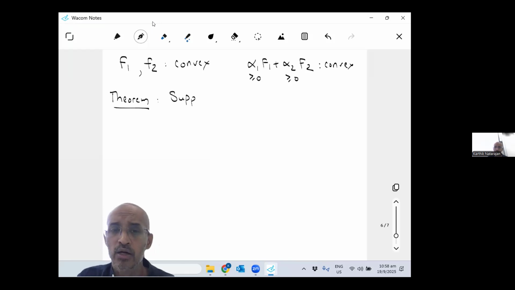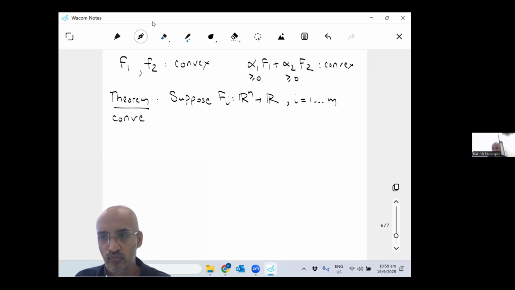Suppose I give you m convex functions fi going from Rn to R. A very useful function which is going to be convex is this: define f of x as the max over all these m functions evaluated at the point x.